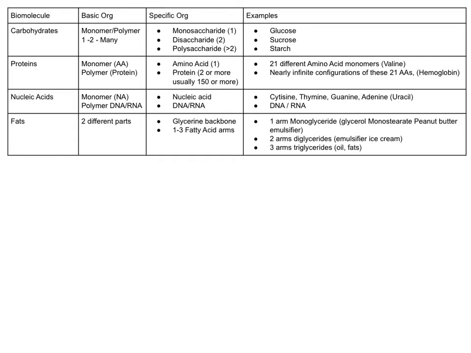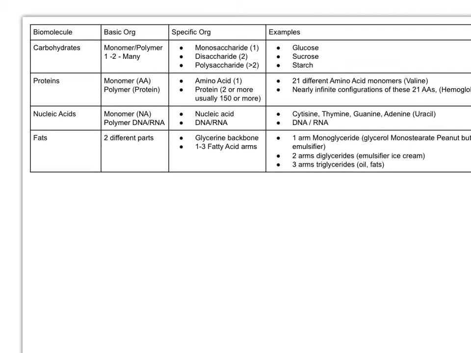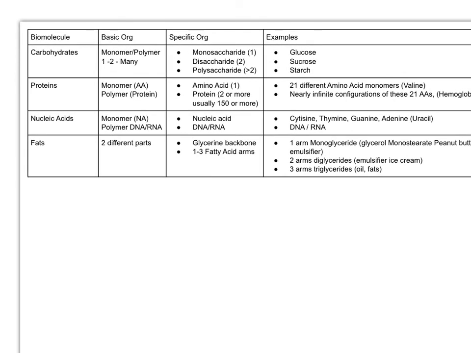Starting with carbohydrates, what you can see is we have a way of describing them. This is a table that I put in that my students appreciated before. So I'm going to go over this a little bit. So first of all, we have the biomolecule, the basic organization, the specific organization, and an example.